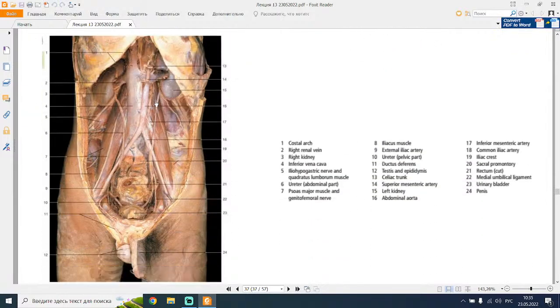What you see, abdominal aorta. These are unpart branches: truncus celiacus, next, arteria mesenterica superior and arteria mesenterica inferior.